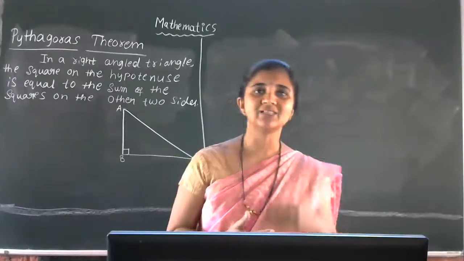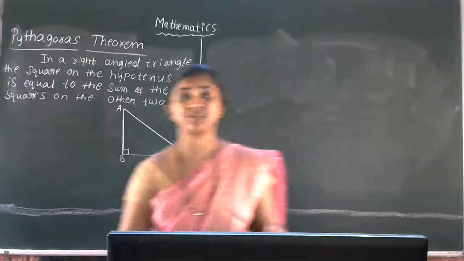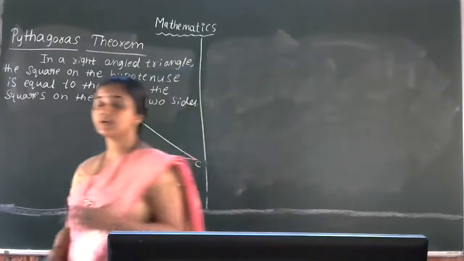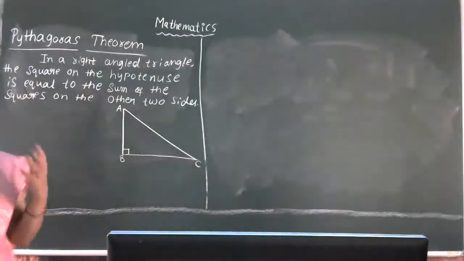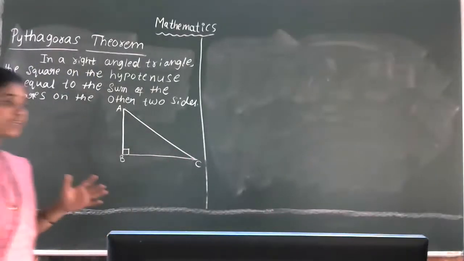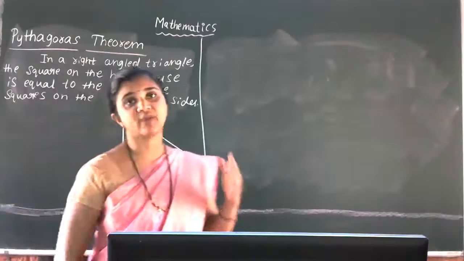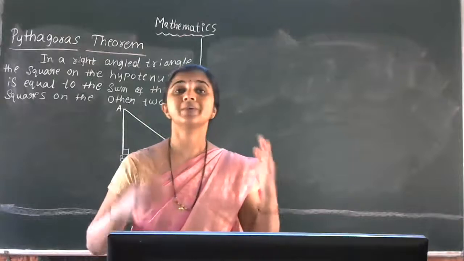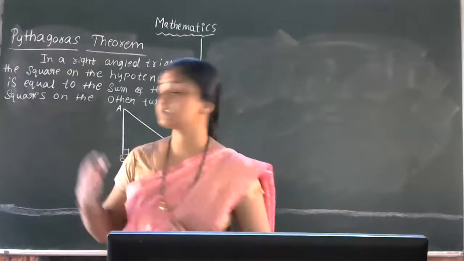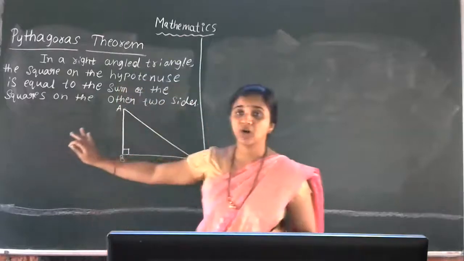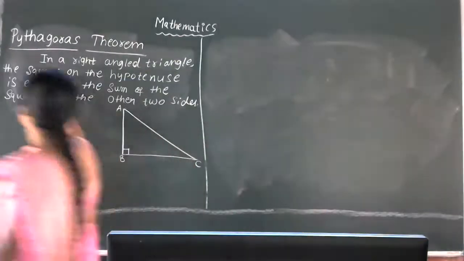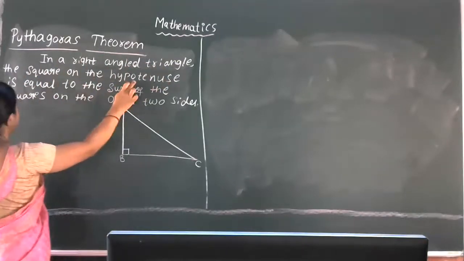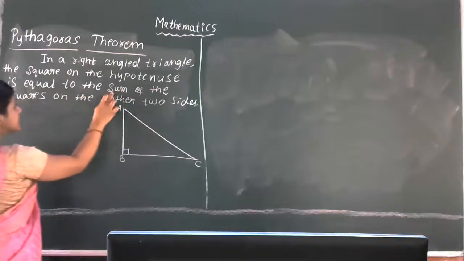In the sense, here a 90 degree line we have to draw, that is BD perpendicular to AC. Construction: draw BD perpendicular to AC. This is the data, to prove, and construction. Is that clear, students, up to this?